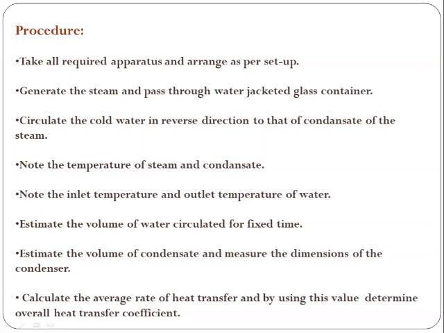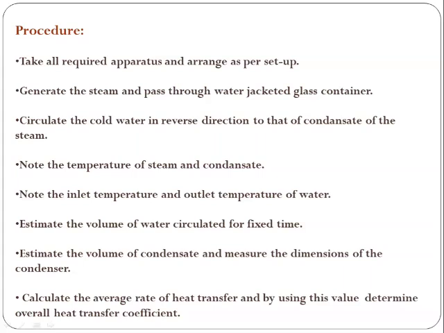Next, the procedure of today's experiment. Take all required apparatus and arrange as per setup. Generate the steam and pass it through the water jacket glass container. Circulate the cold water in the reverse direction, opposite to that of the condensate of the steam. Note the temperature of steam and condensate.